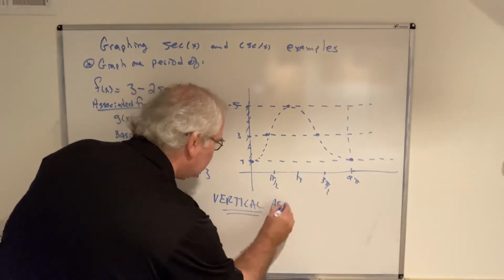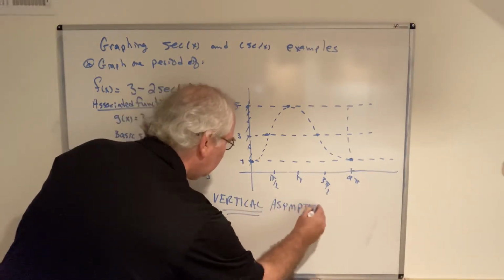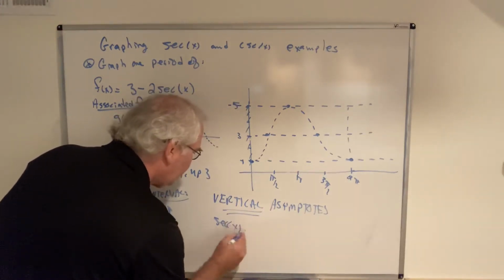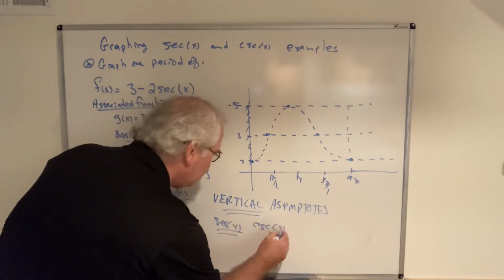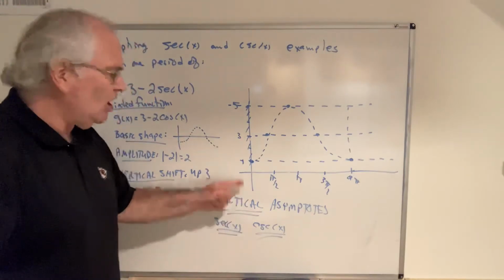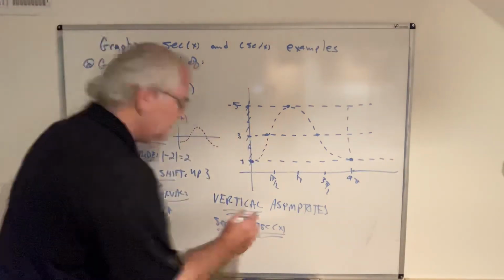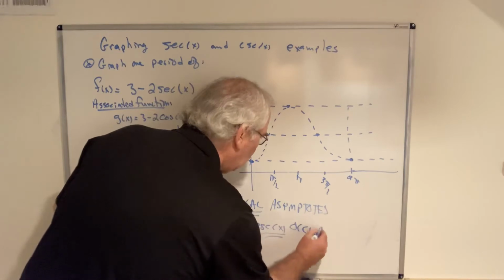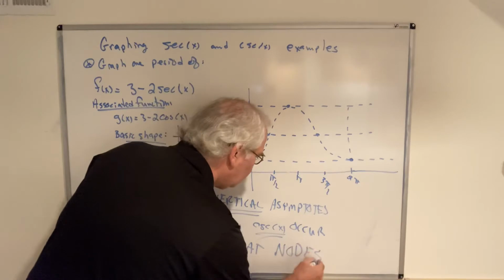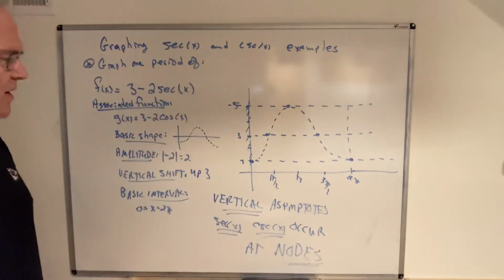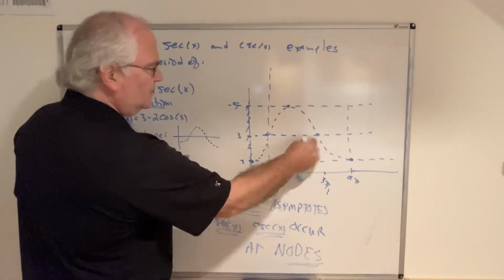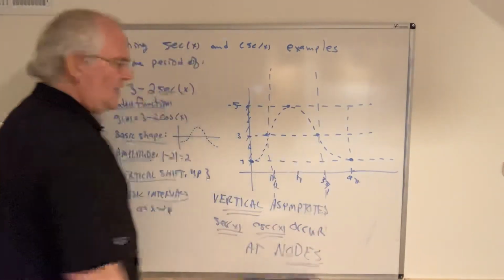The vertical asymptotes for secant of x and cosecant of x occur at the nodes. That's why that terminology is so important. Anywhere there's a node, we need a vertical asymptote.